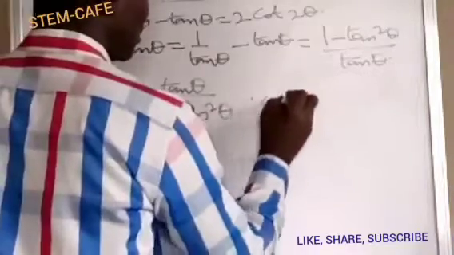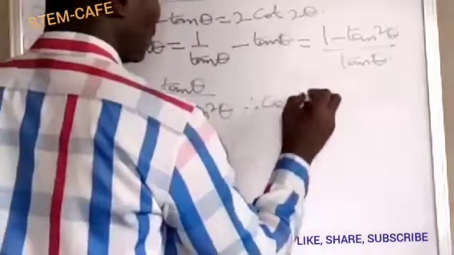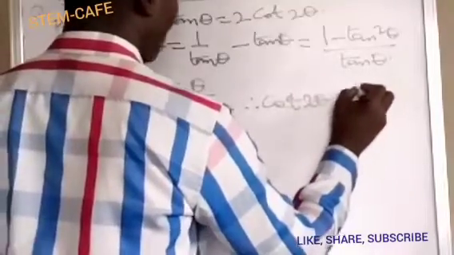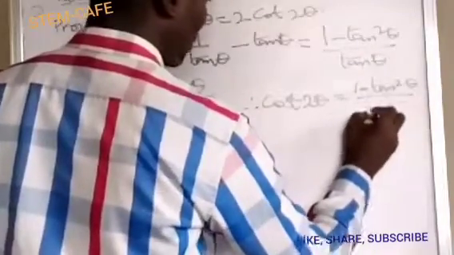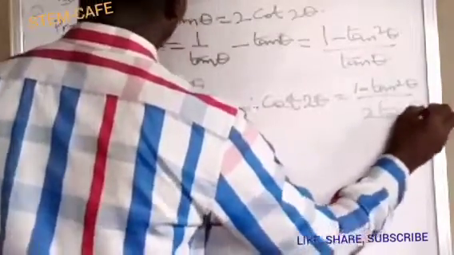So therefore cot 2 theta will be equal to 1 minus tan squared theta over 2 tan theta.